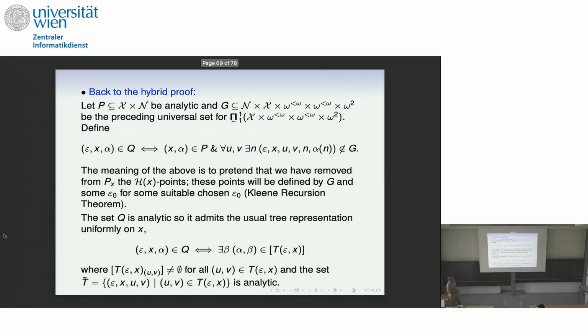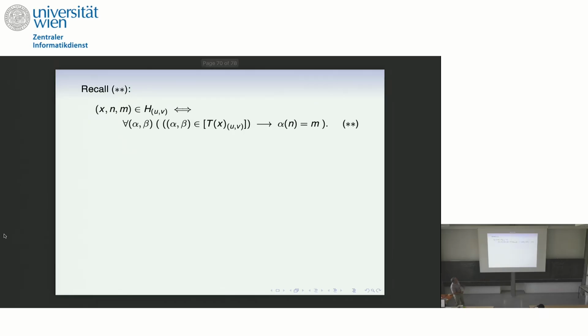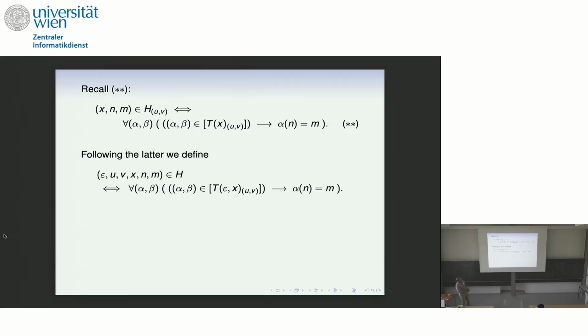So what we're going to do here, okay, the set Q is analytic. I give it a tree representation using these Sigma 1, 1 conditions, and then we call the double star thing: I'm the unique infinite branch in this subtree there. So I'm going to repeat the definition, but now I'm going to plug in the epsilon there.